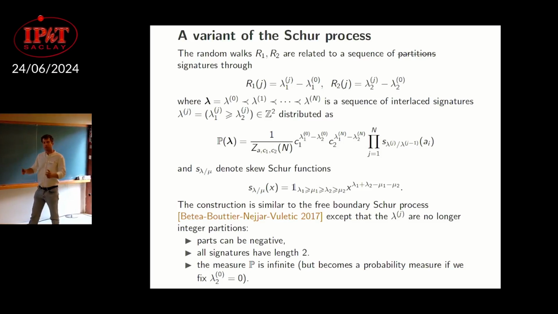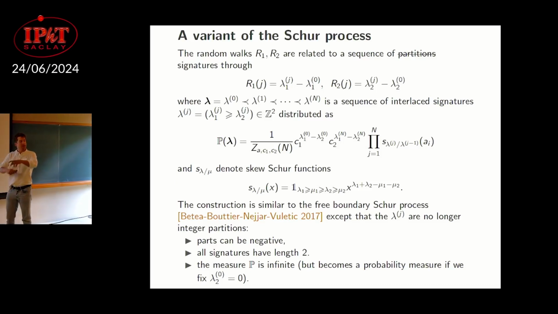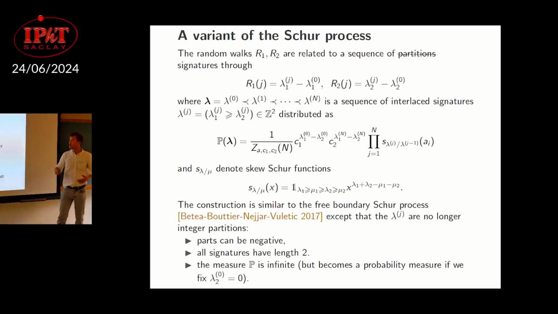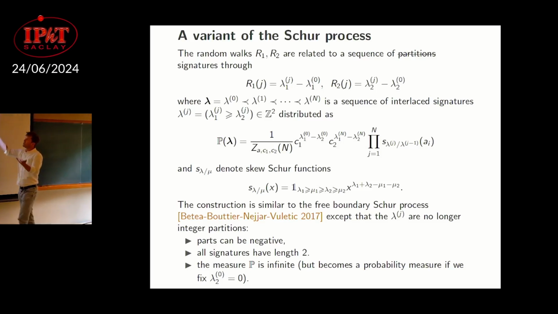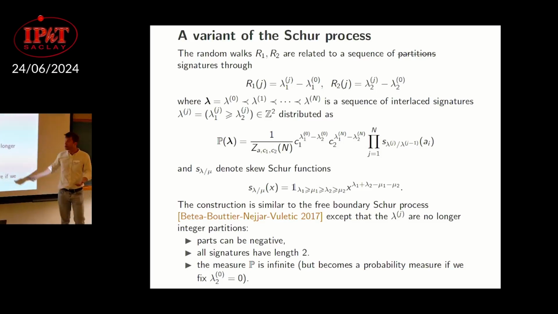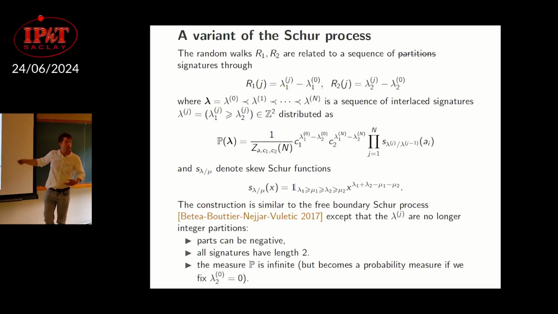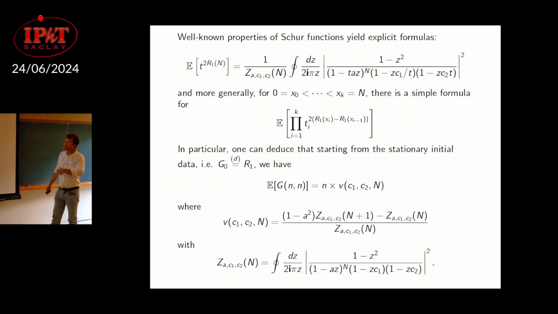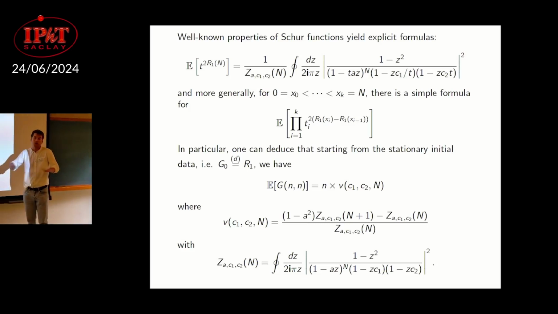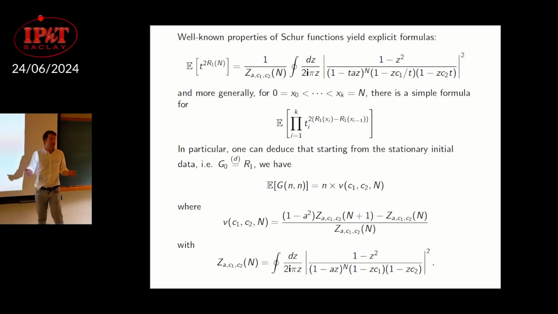Okay, so here I explained just the connection between those complicated reweighted random walks and the Schur functions. This description is not necessarily much simpler than the one in terms of reweighted random walks, but however, Schur functions have many properties. And so thanks to all the properties of Schur functions, one can prove formulas that fully characterize the distribution of the stationary process.